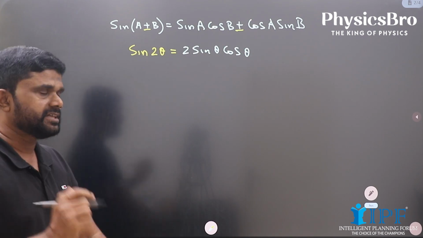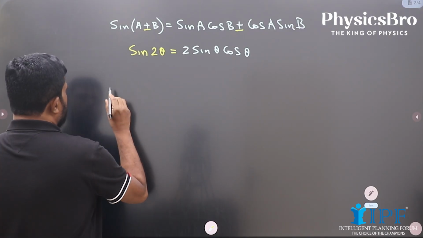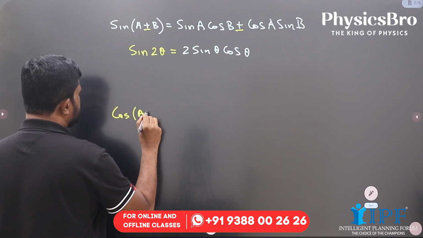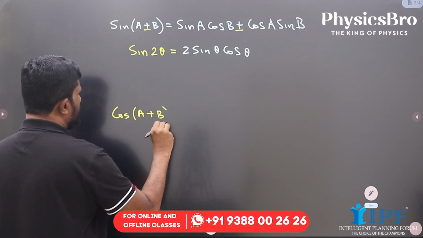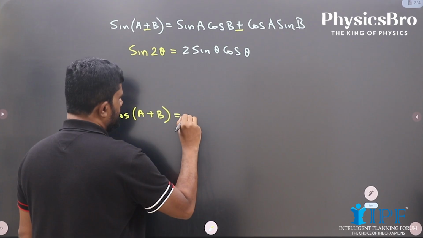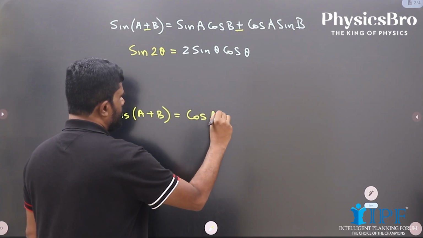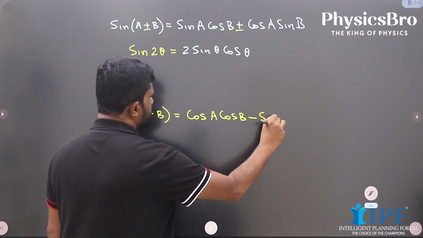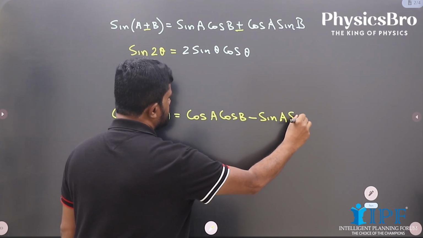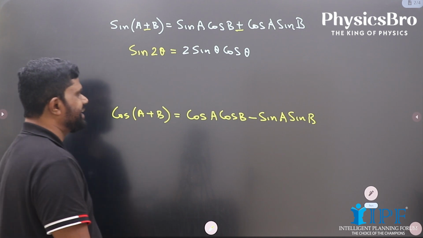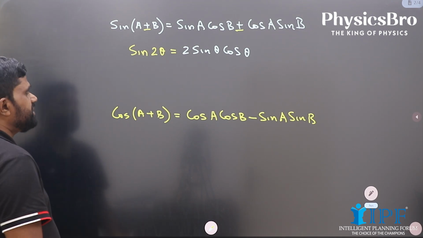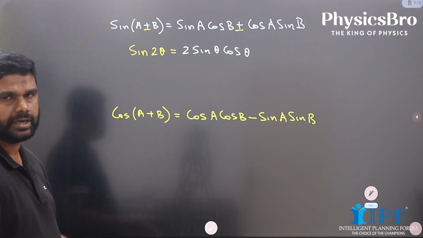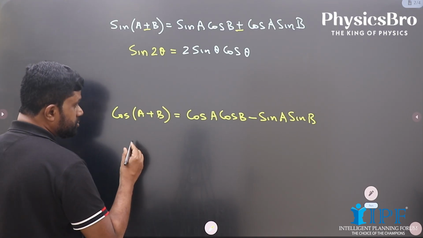Now let's consider the cosine function. Cos A plus B, you know what it is? It is actually cos A cos B minus sin A sin B. If we put A equal to theta and B also equal to theta, then theta plus theta will be cos 2 theta.